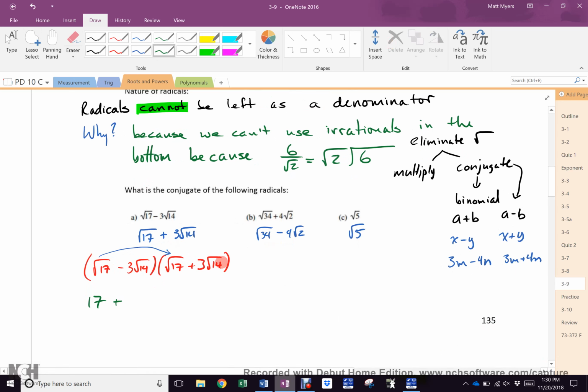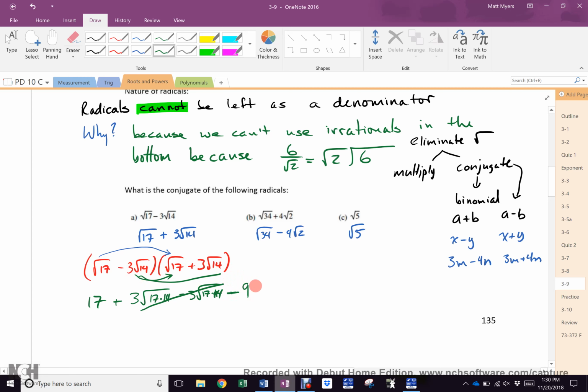Plus, what's this? 3 root 17 times 14, correct? Right? Then what's this one? Minus 3 root 17 times 14. What just happened? Plus 3 minus 3. Gone. And what's last? 3 times 3 is 9.